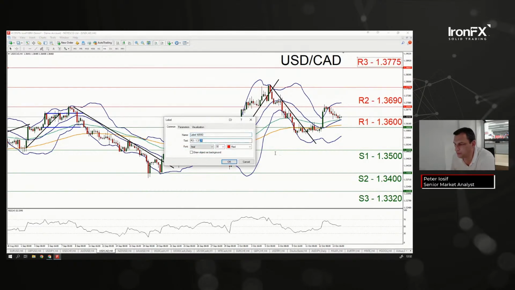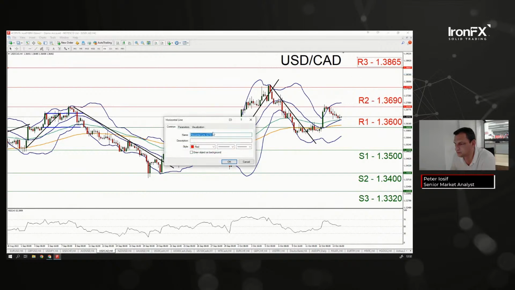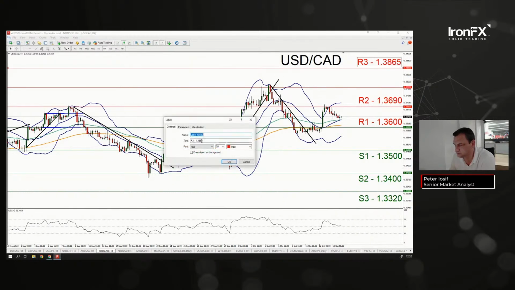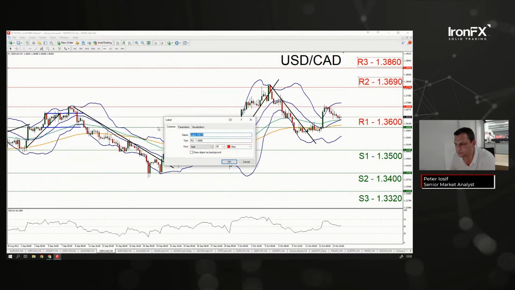We're talking about the 1.3865, sorry, that should be 60. The R2 at 1.3775.